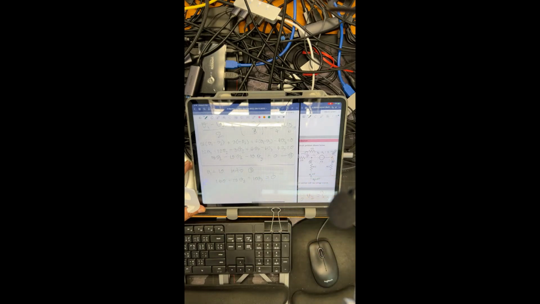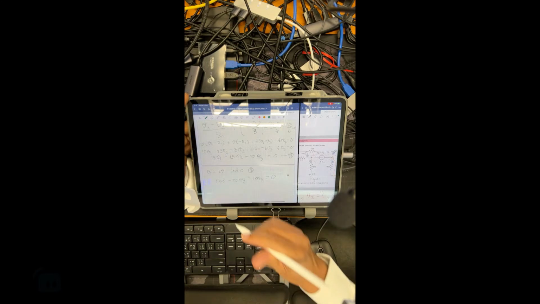We can use the greatest common divisor here. For 180, 15 and 10, it's number 5. We divide the whole equation by 5.